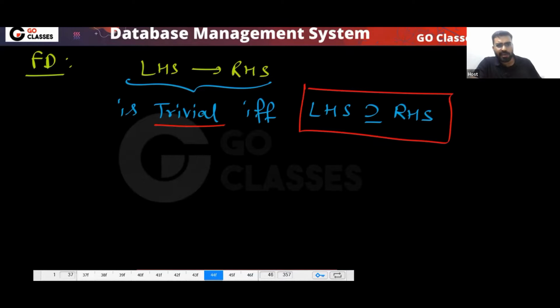So tell me, are trivial dependencies interesting? Can a trivial functional dependency provide any important or significant information about the relation?